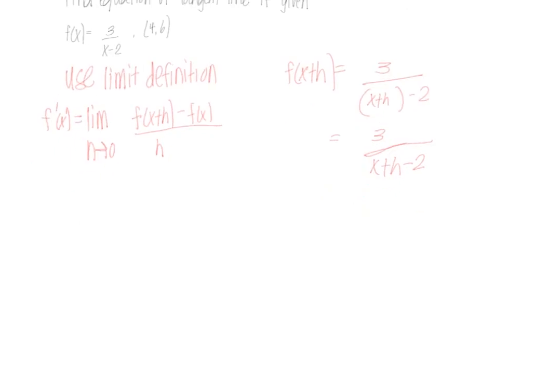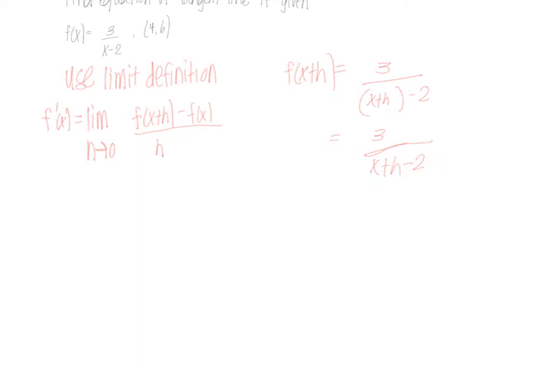And in order to use that limit definition, I need to know what f of x plus h is. And so I just took f of x, which was 3 over x minus 2, and plugged x plus h in where x was at. So just 3 over x plus h minus 2.